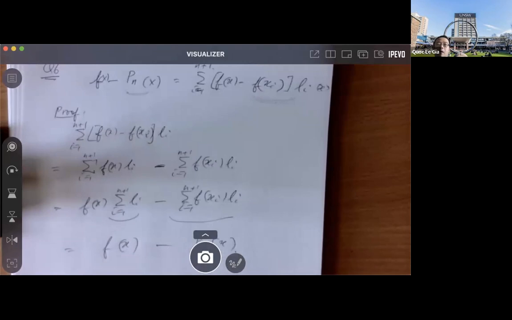We don't see the use of this equation now, but you will see it in the next topic. We use it to derive quadrature, the Newton quadrature.